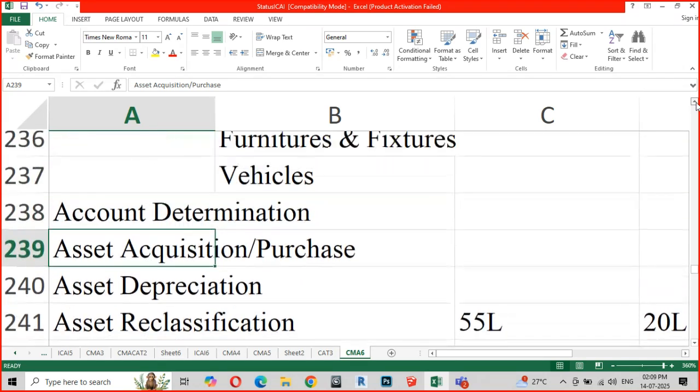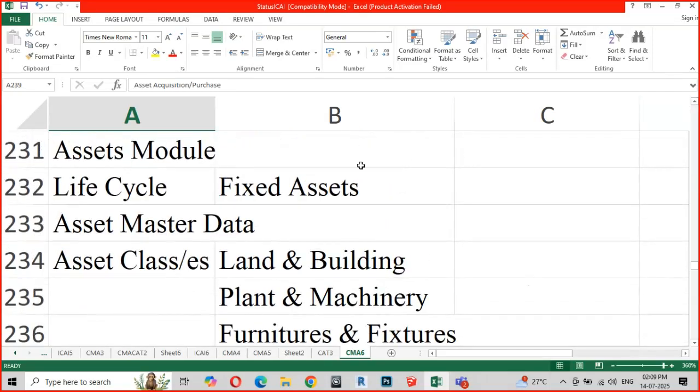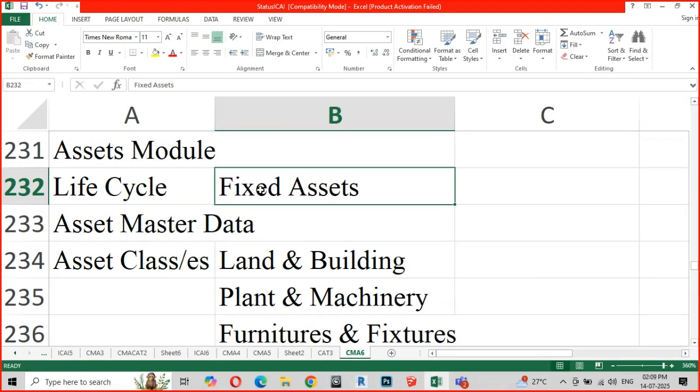Just like when we started finance, AP, and AR, everything has a master data or master records which need to be created in the system.